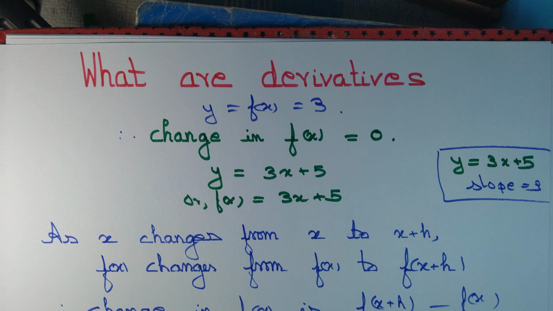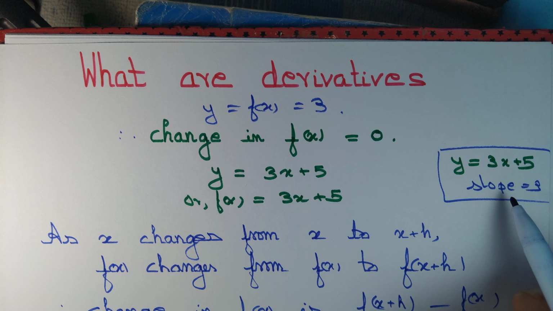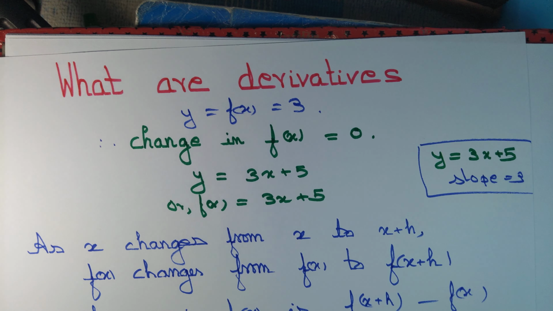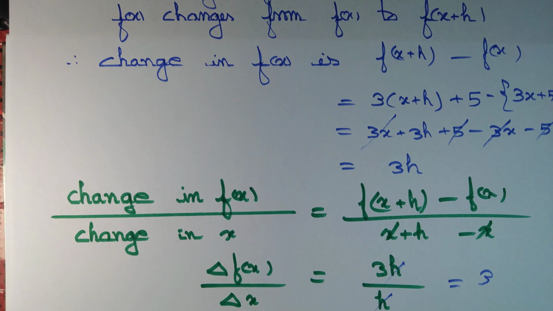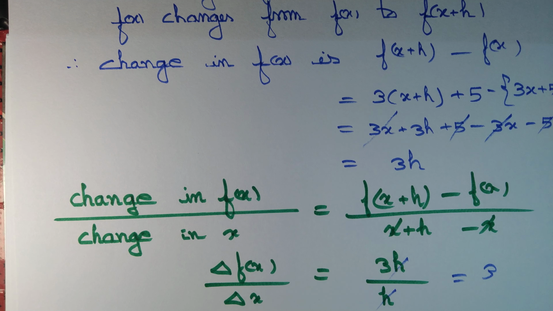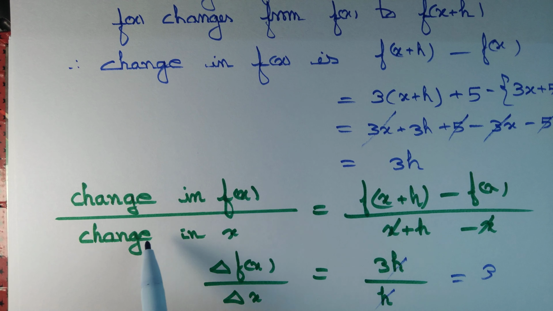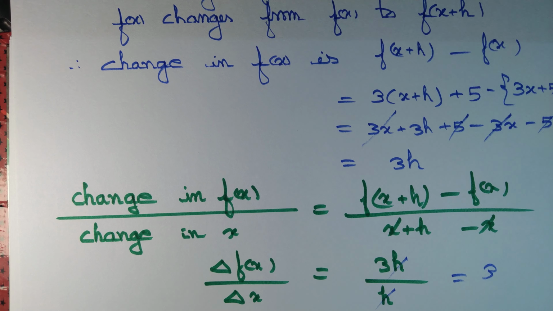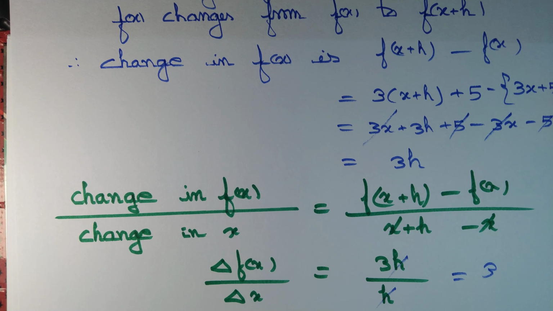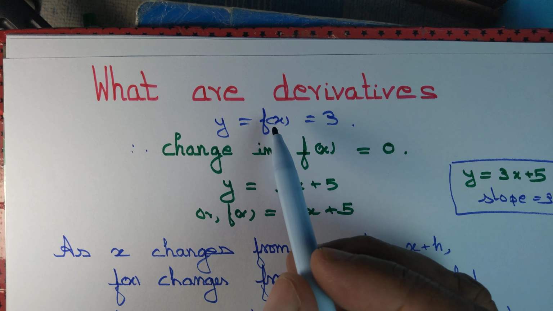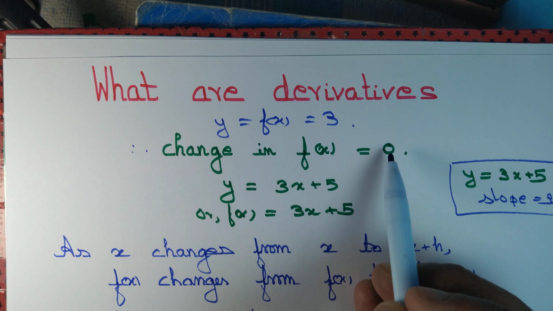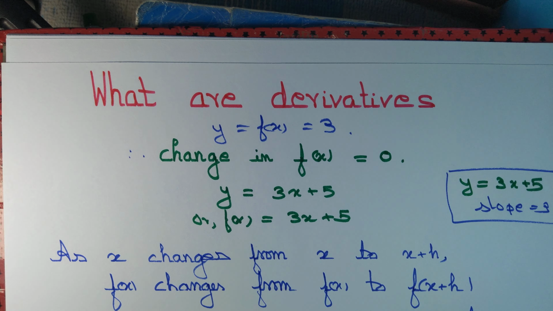It turns out that this change in f(x) by change in x gives you the slope of that line. So we got a nice function in this case, that change in f(x) by change in x gives you just 3, the slope of the line. Does it happen for other functions as well? We started with f(x) equal to a constant function and found that change in f(x) is 0.